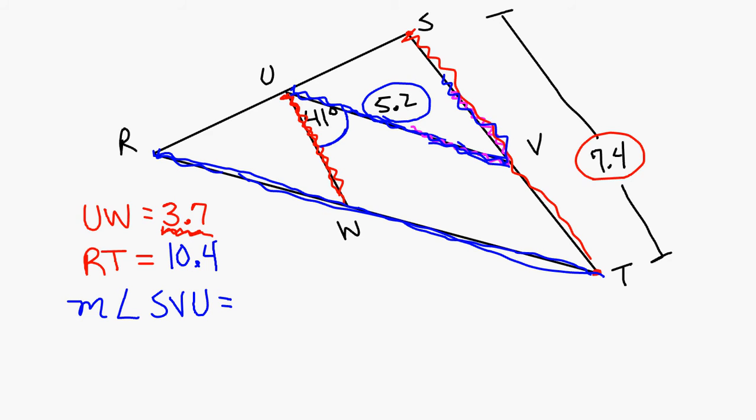It was an alternate interior with the 41. So it was also 41. Flip back to 327. And let's do example 1.